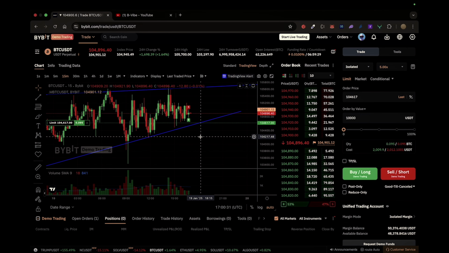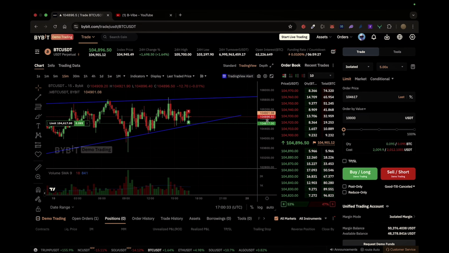That's why, because you are now seeing this kind of graph and you don't want to sit at the computer and wait for the price to go down to this level because you want to buy at this specific level, you enter the limit order and it will automatically be fulfilled once the price reaches this level.